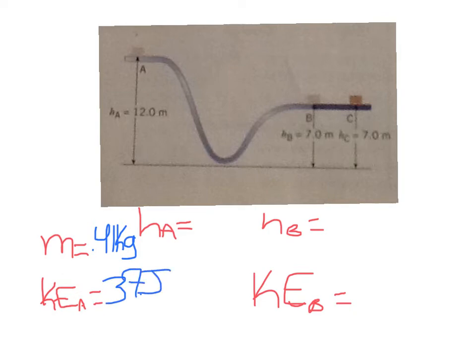And then here in the picture it's illustrated that we have the height at point A and at point B, so we can fill that in at 12.0 meters and 7.0 meters. And what we're trying to solve for, part A of the question was asking, what is the kinetic energy of the block when it reaches point B? So we're unsure of that value at this moment.